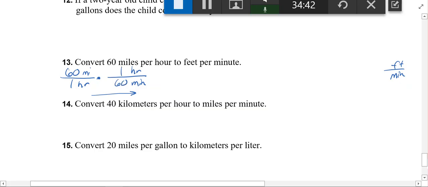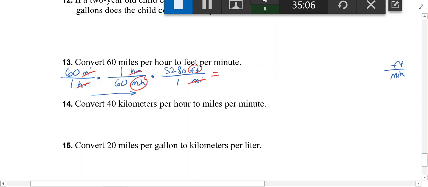That's done. Now we got to go miles into feet. So 1 mile is equal to 5,280 feet. I think we're set. We'll check the words. Hours and hours, miles and miles, and all we have left over is feet over minutes. We are on our way to the right solution.